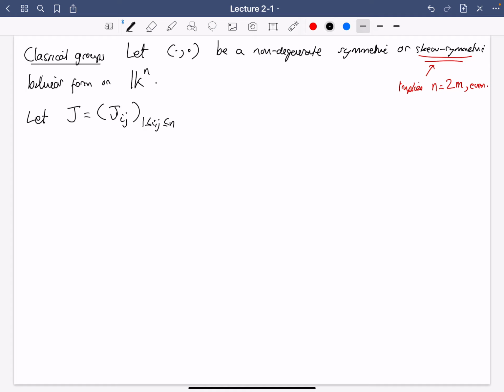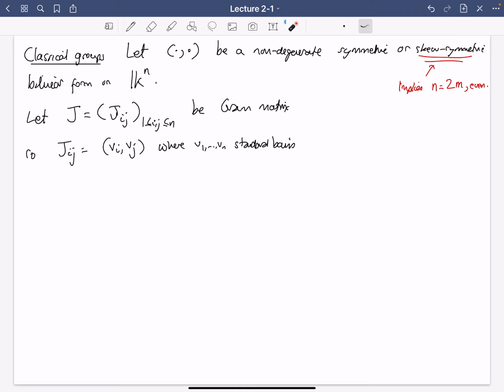I usually use J for the Gram matrix of this form. So this J_ij is just the inner product (v_i, v_j) for the form, where v_1 up to v_n is the standard basis. We're in coordinates, so we're in K^n, we've got a standard basis around.